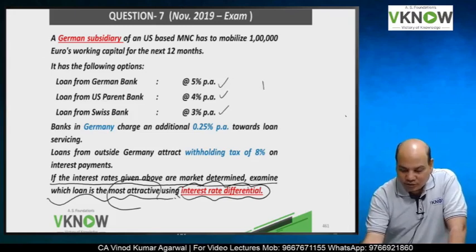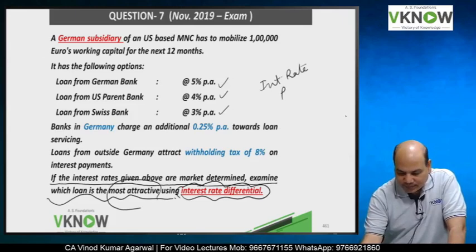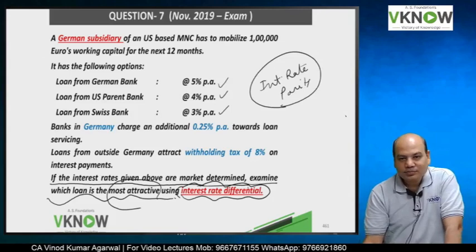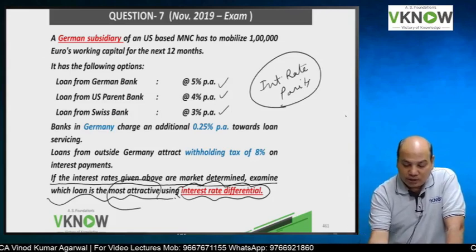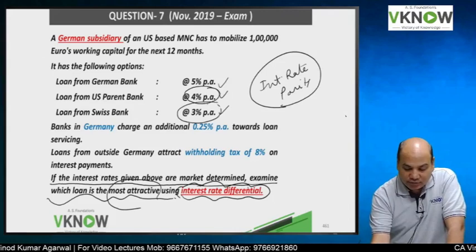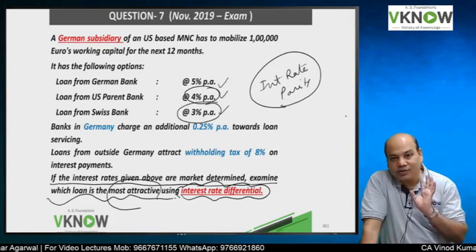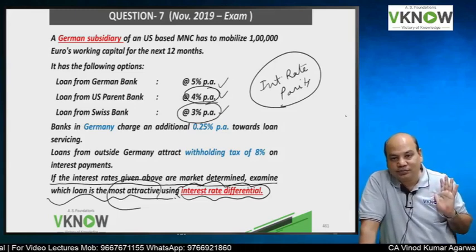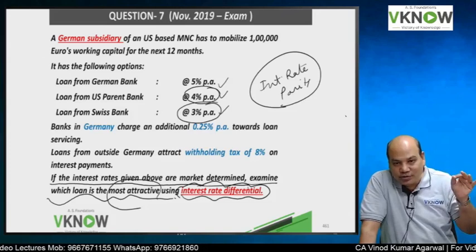So the interest rate parity theorem will also apply, because you will benefit on the interest rate, but there is a problem. The exchange rate after 1 year would have changed.